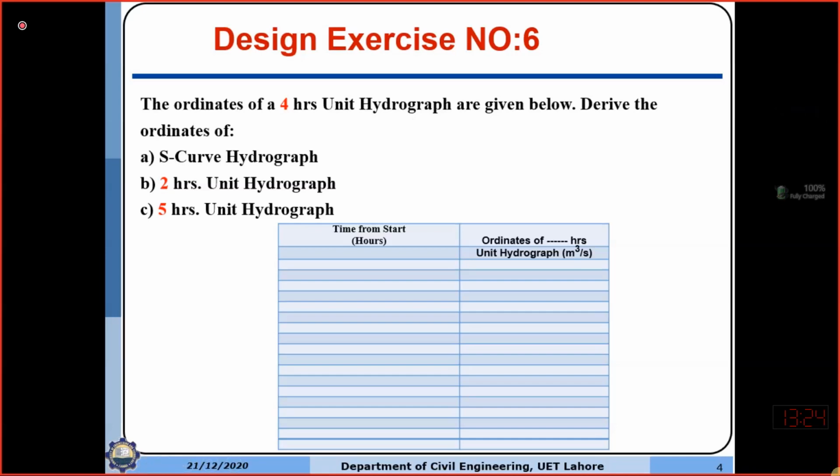It should be an isolated storm, preferably a simple storm having the same intensity and a duration equal to the time of concentration, etc. So many things are there to select the storm for which the hydrograph is to be determined. The measured hydrograph has to be taken from the past data, and then from there we do the derivation of the unit hydrograph.